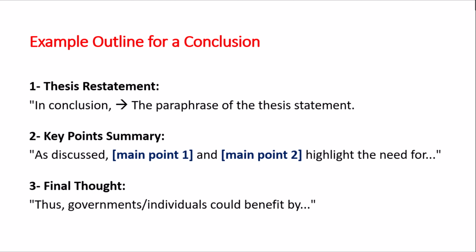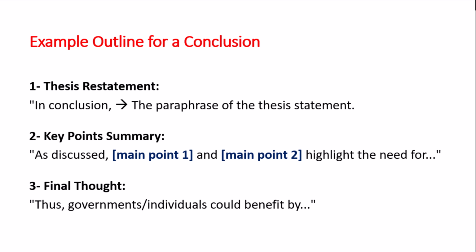Let's look at an example outline for a conclusion. First, we start with the thesis restatement. We can start with a phrase like in conclusion. Then we write the paraphrase of the thesis statement. It means we write the thesis statement again using different wording or a change in the structure of the sentence. Then we write the key points of the body paragraphs.